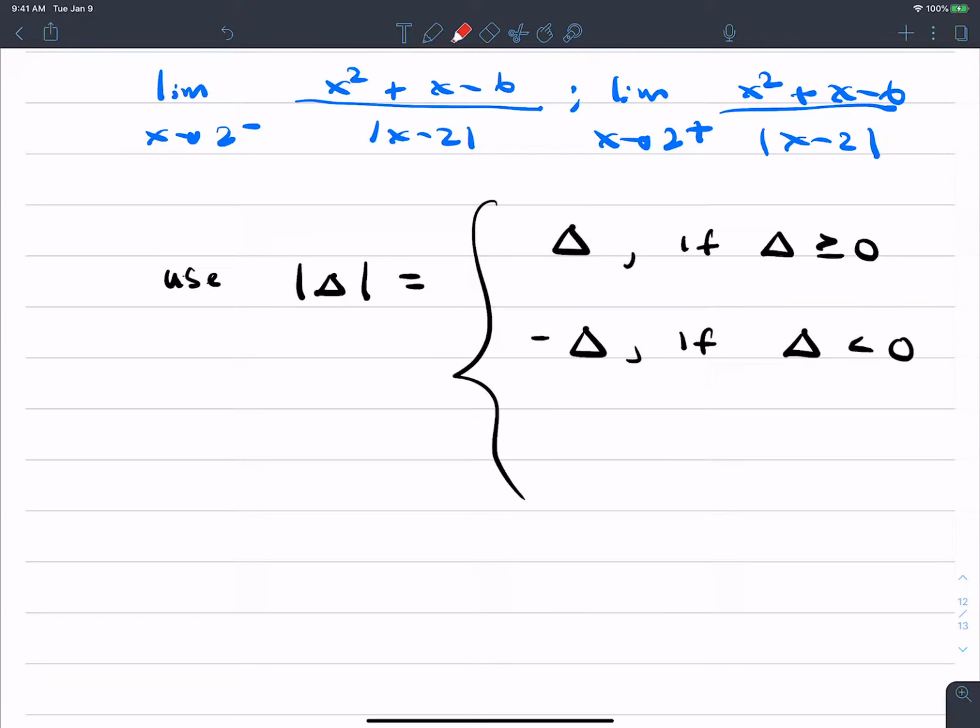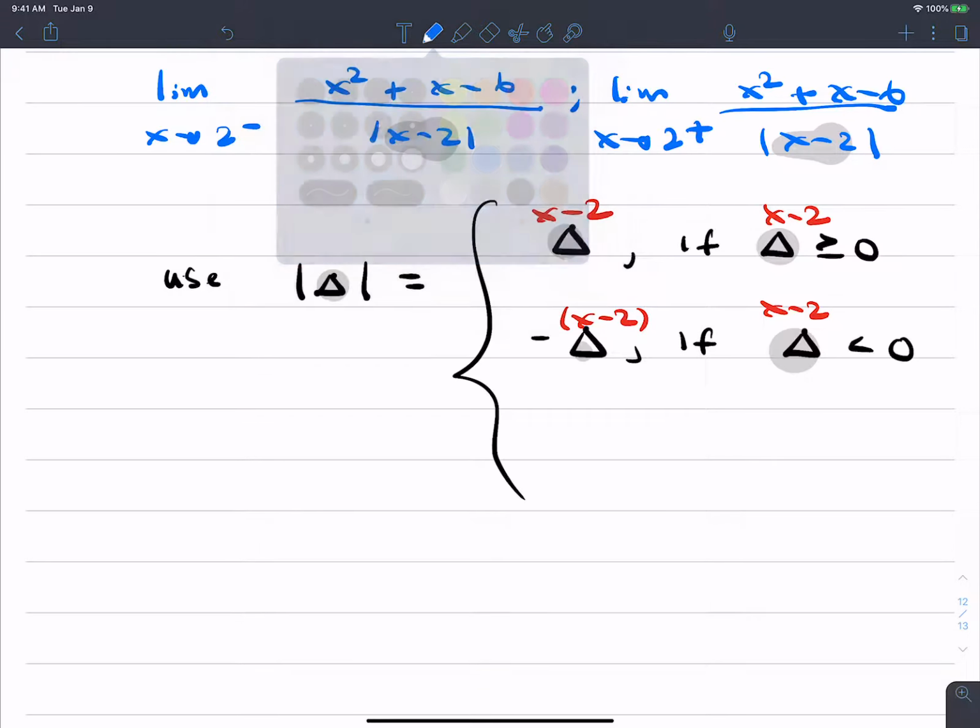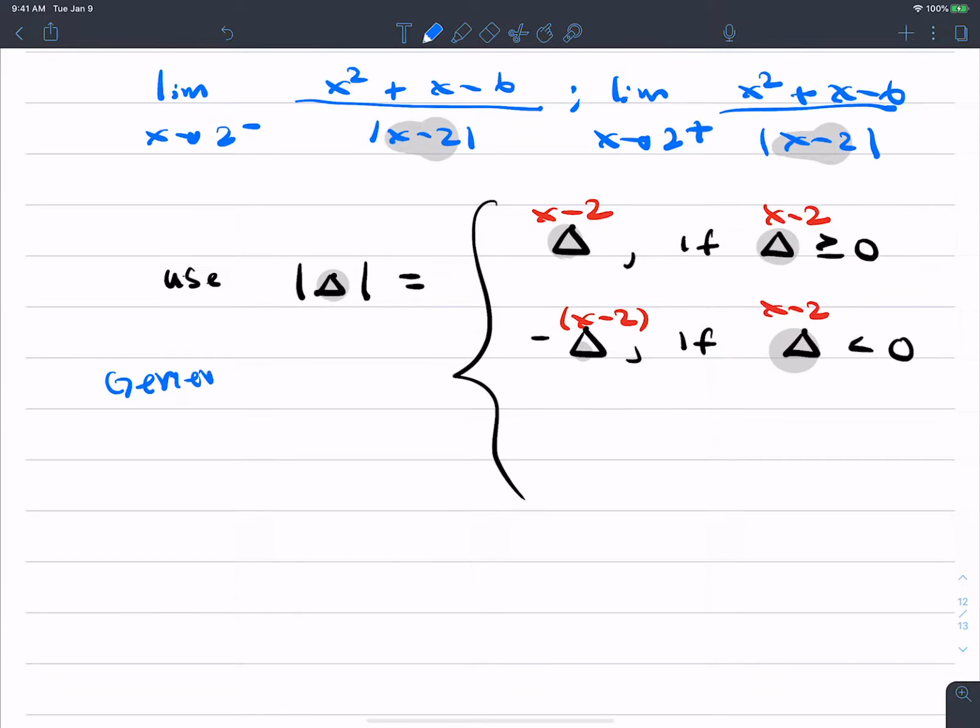And then you say, well, what's inside that absolute value? You get x minus 2. That goes here, that goes here, that goes here. So that means x minus 2 and opposite x minus 2, put in parentheses. Wherever there's a triangle, you replace it with x minus 2, because that's what's between the absolute value signs. So I'm going to use this format always, always, always, the generalization of absolute value.